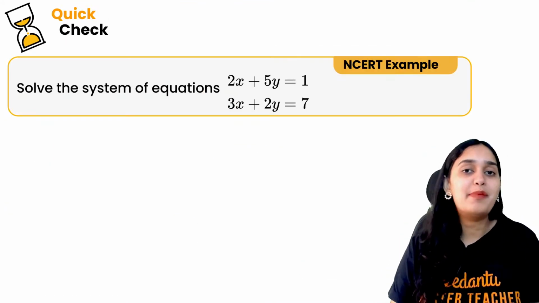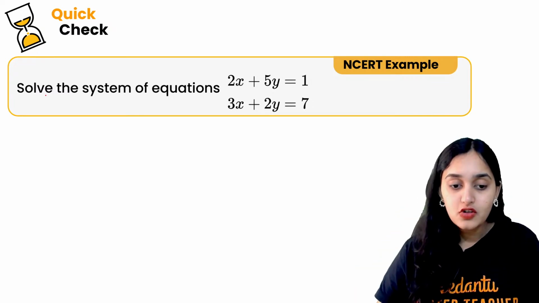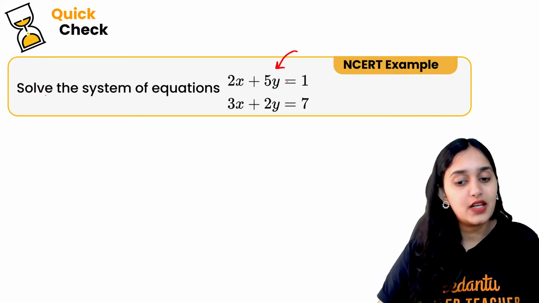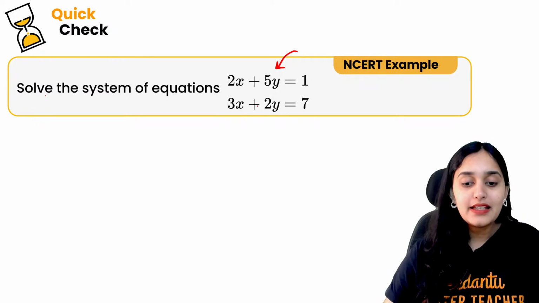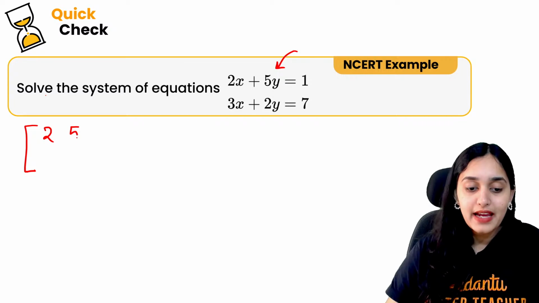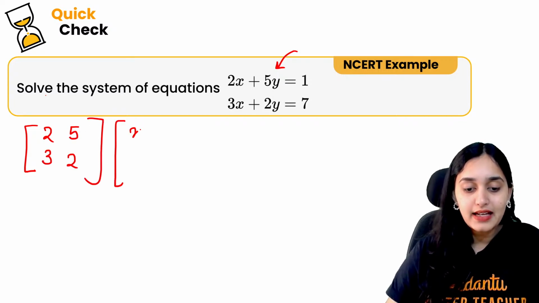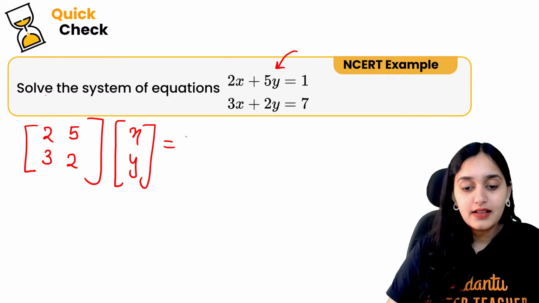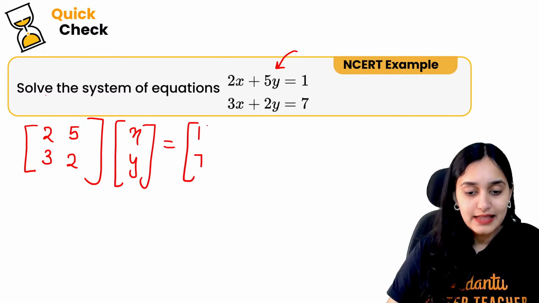Alright, let's apply it to a question. Solve the system of equations given over here. Now these equations can be represented as the matrix [2, 5; 3, 2] multiplied with [x; y] resulting in [1; 7].